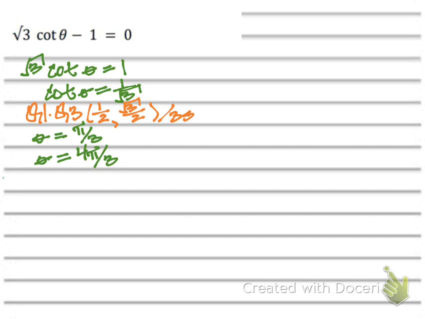Or you can think about adding pi, which is 3 pi over 3 to the first guy, right? And we get 4 pi over 3. So that means for the top guy, we'll do plus k pi, where k is in z. Because as soon as we hit k is 1, then we're picking up that 4 pi over 3. So this is the only answer you need.